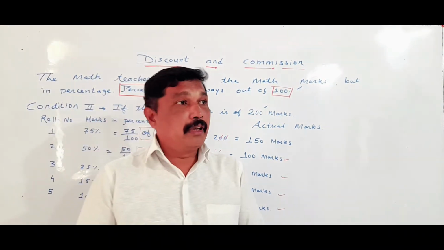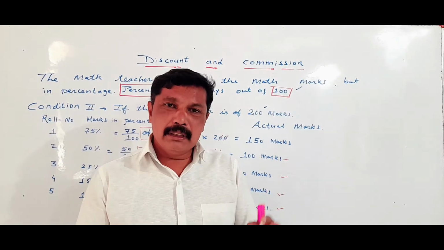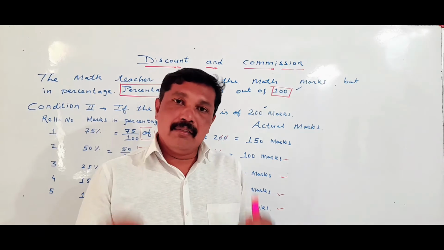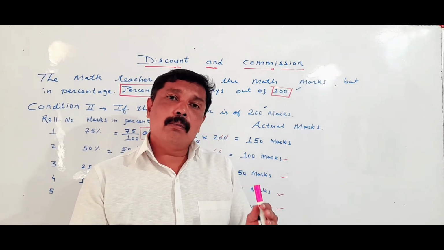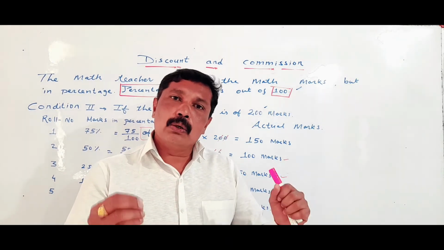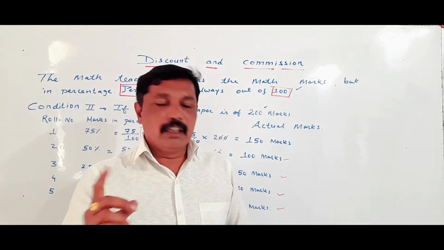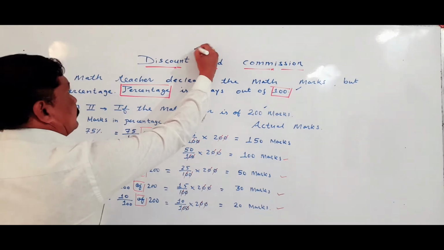So my dear student, we have understood the concept of percentage and percentage calculated for a certain fixed value. We have found out the percentage of 100 marks. We also have found out the percentage of 200 marks. This is very important for us to understand because it will be useful in calculating the discount.